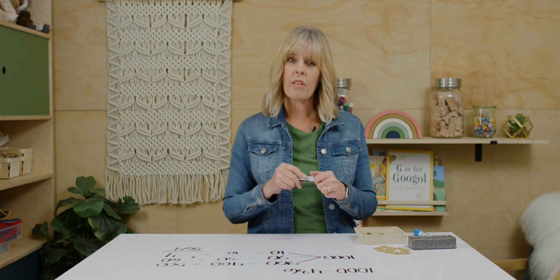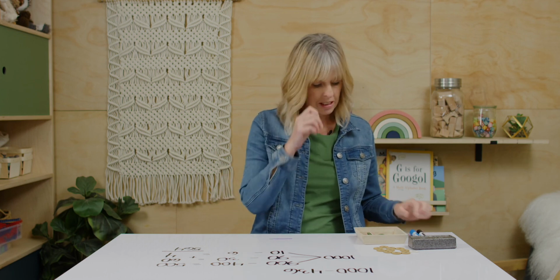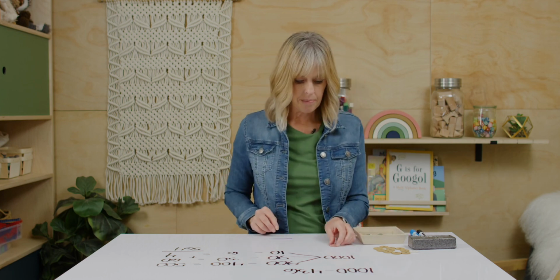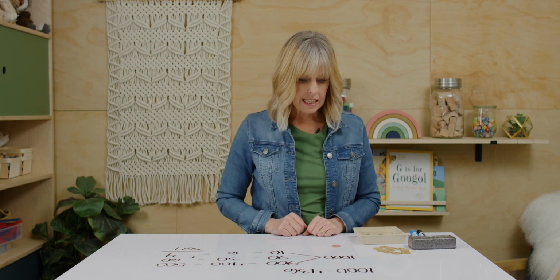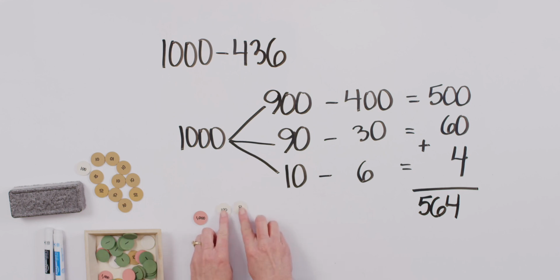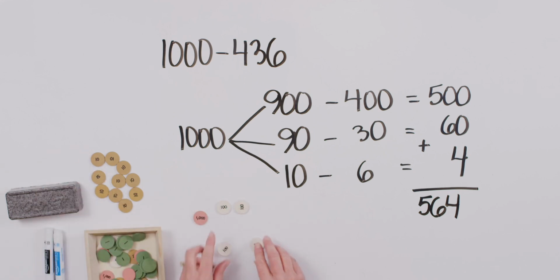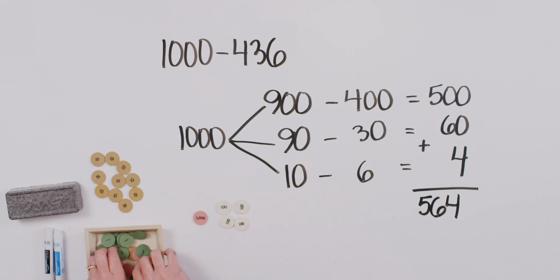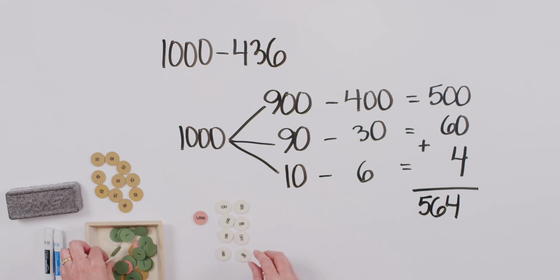Now if we want to show this with our place value discs, we could get out our 1,000, and let's break it up into our 900. So we have 900: 1, 2, 3, 4, 5, 6, 7, 8, and 9.